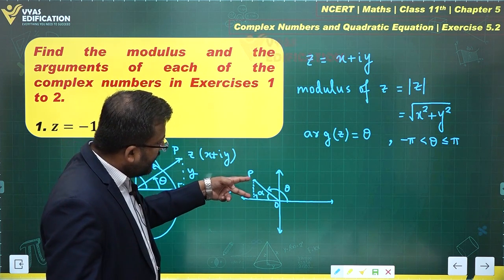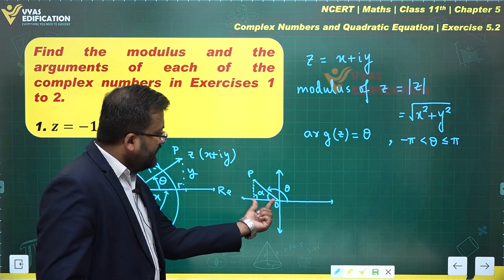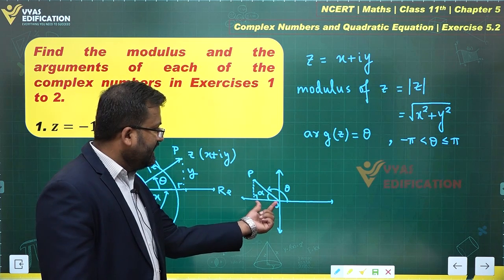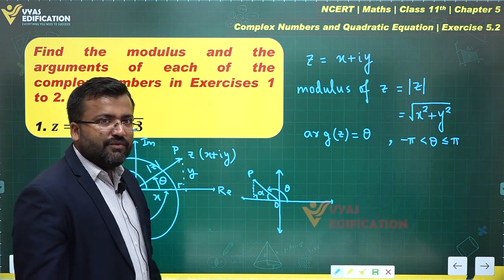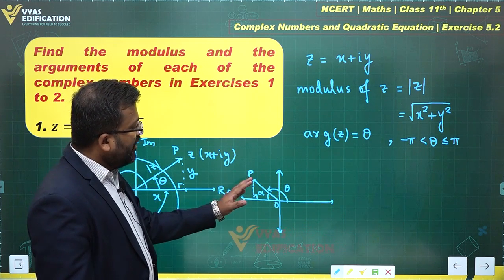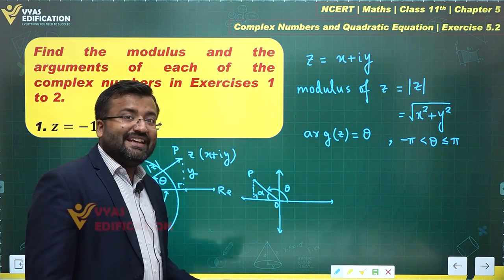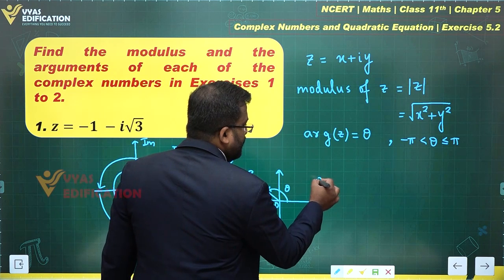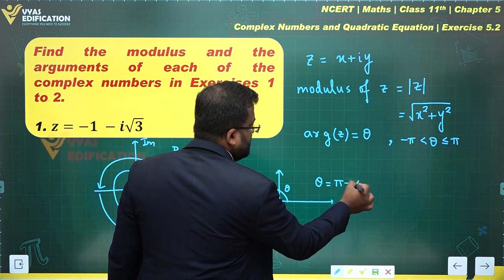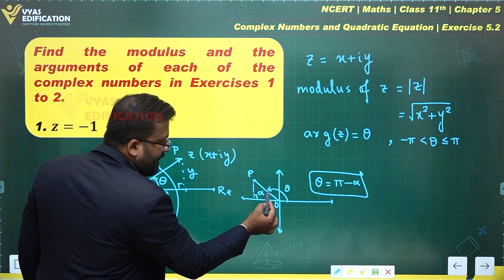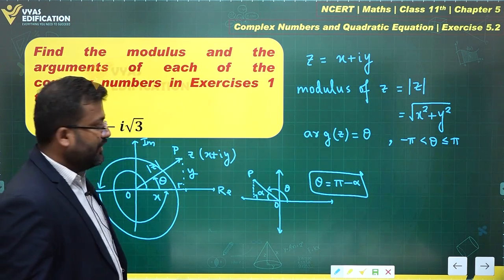Tan alpha would be equal to this perpendicular upon this base. Take the positive values only, and this is perpendicular upon base. You will be able to find alpha very easily. On the basis of that, you will be able to get the value of alpha, and therefore you can find theta. Theta would be simply equal to pi minus alpha. Can you observe that? Theta would be equal to pi minus alpha, as you can clearly observe over here.